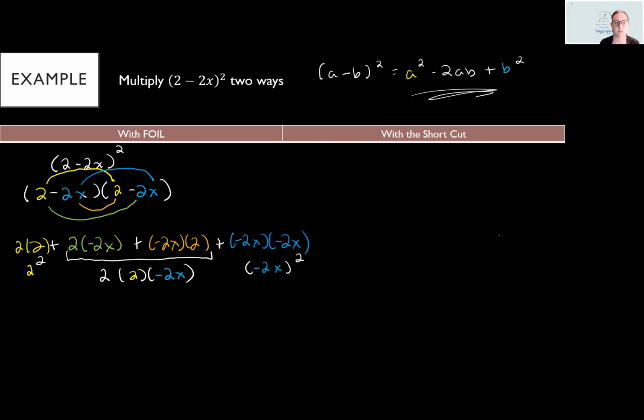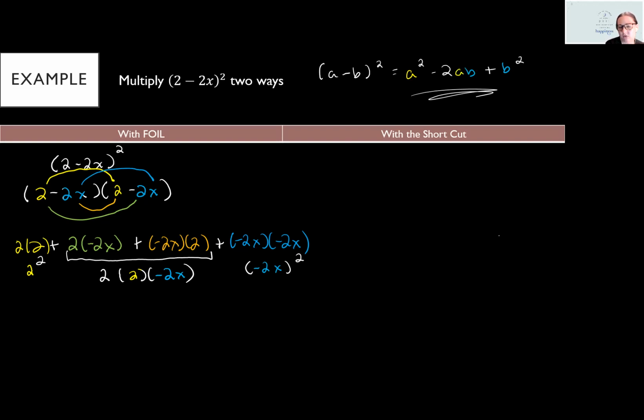And then that 2 in the front is because we actually have 2 of them that we're adding together. If you look at it this way, you can see how this matches our shortcut, our formula. Now the formula has a minus 2 times a times b. And that minus comes because it's a minus 2x. So that's why we end up with that minus there.